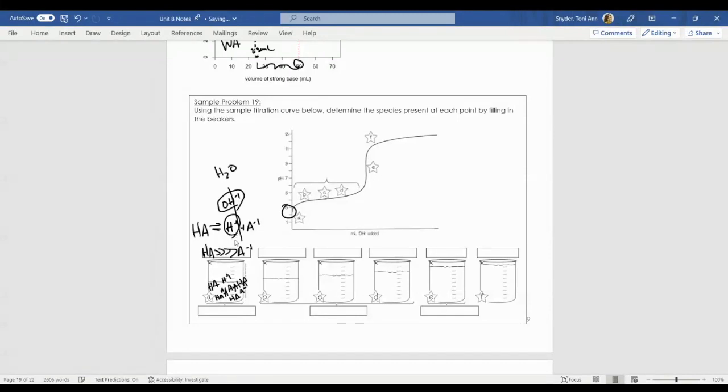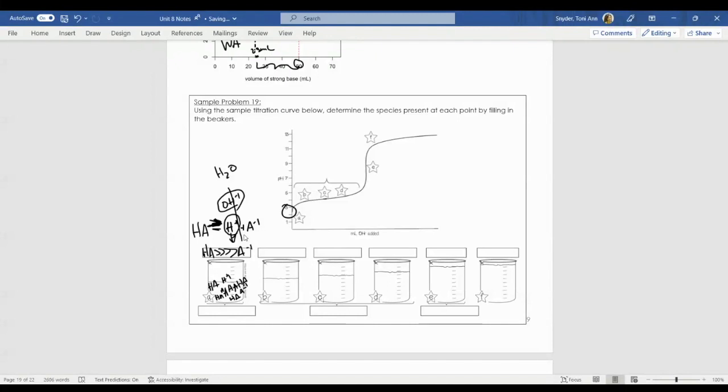If my hydrogen ion concentration is going down, this reaction is going to go in the forward direction. It's trying to compensate to make more of those hydrogen ions. And it does that by also creating more of its conjugate base.